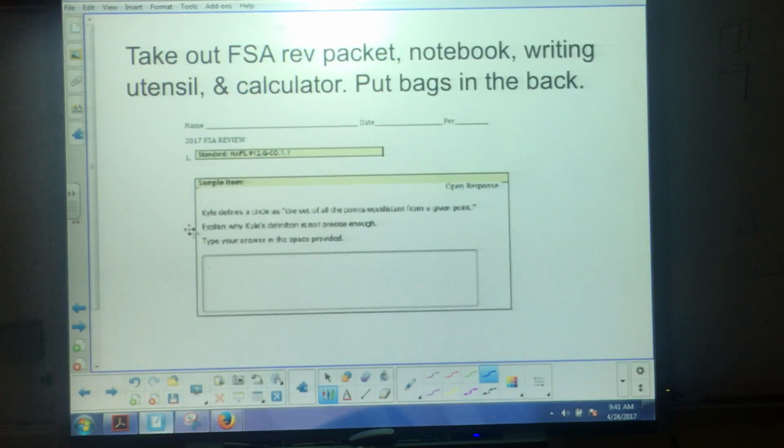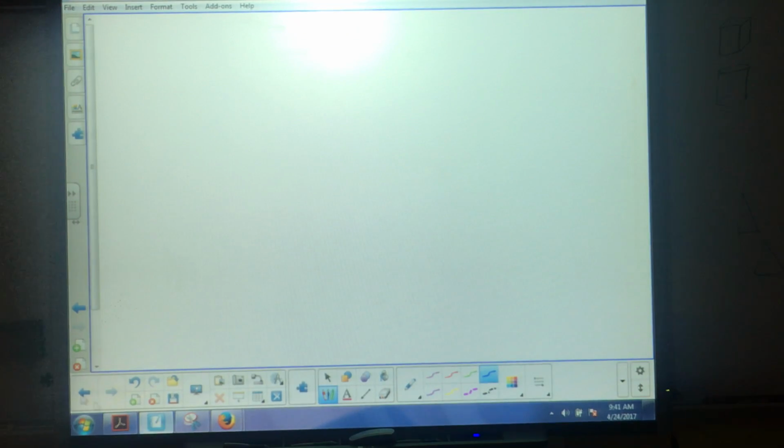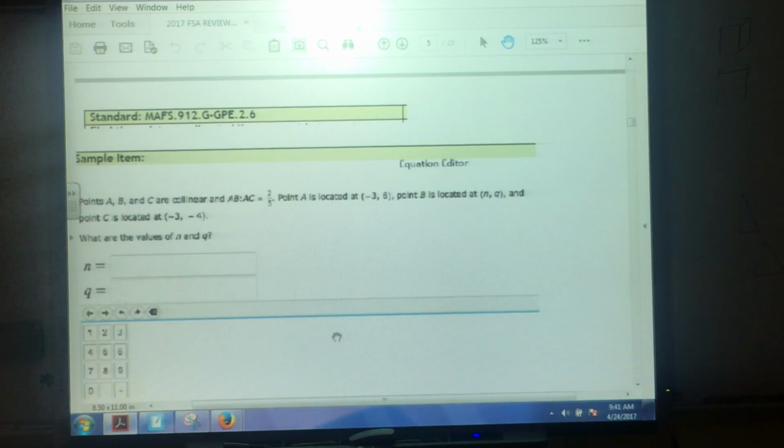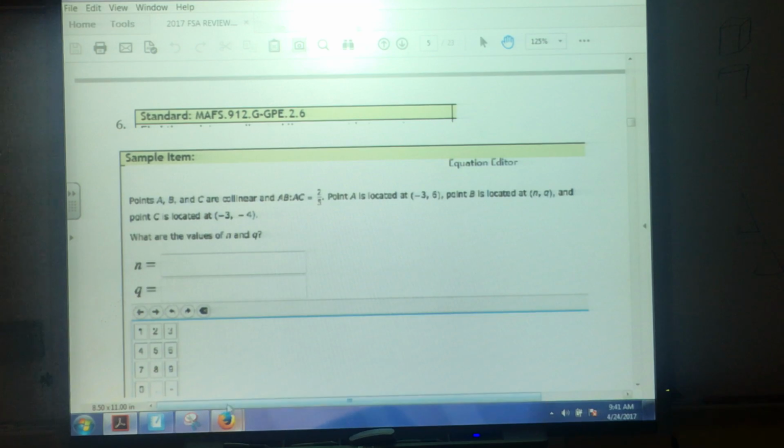All right, this problem here. Oh yeah, I had a computer meltdown last class, that's right. This is a partition problem.